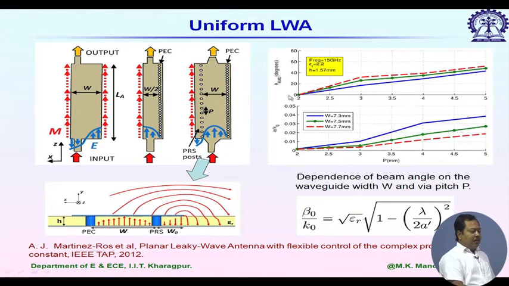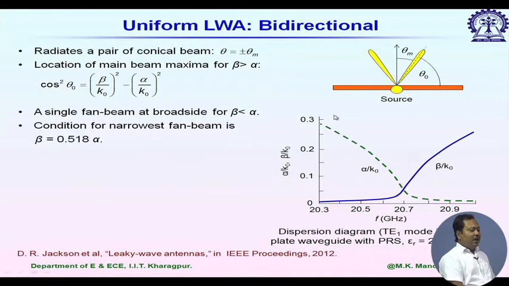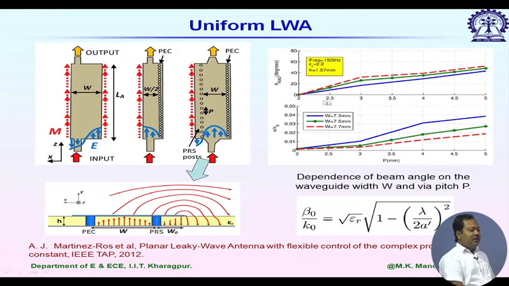In the first plot, theta rad, nothing but this theta m, shows how it changes with periodicity P. So, we are changing periodicity P, and you recall that the effective width of one SIW structure depends on the via to via separation also, the pitch.